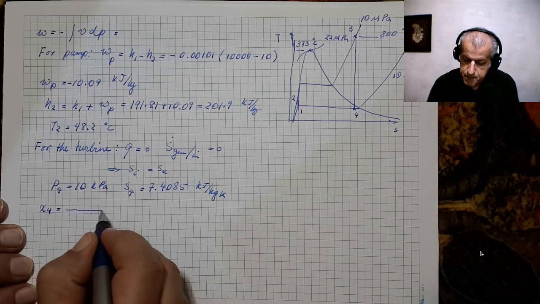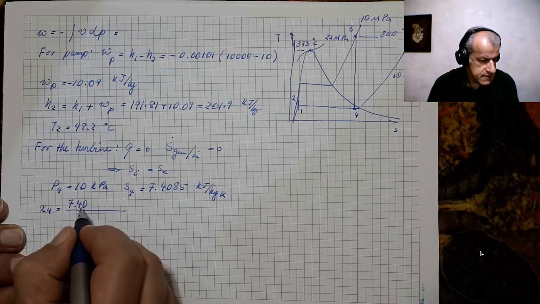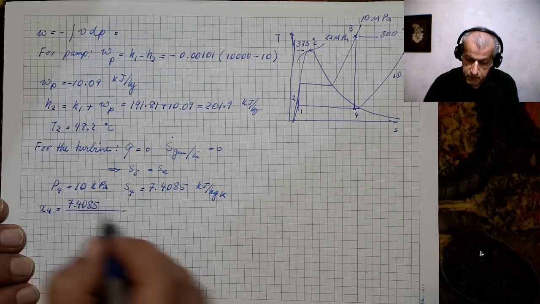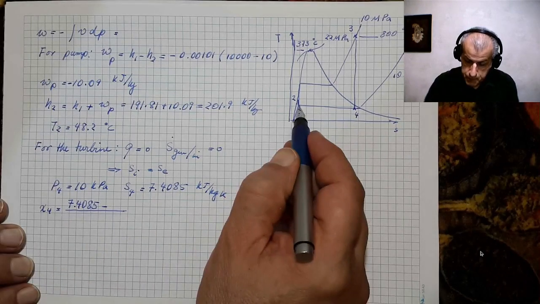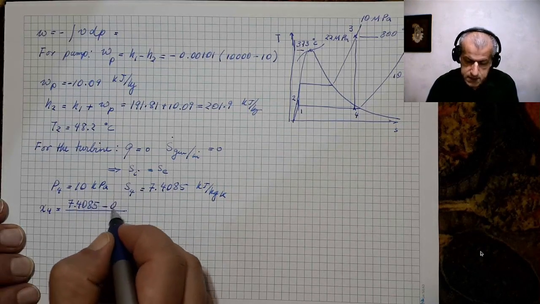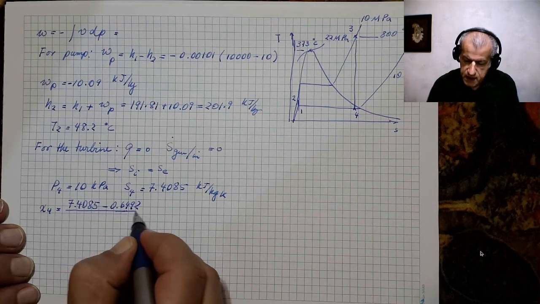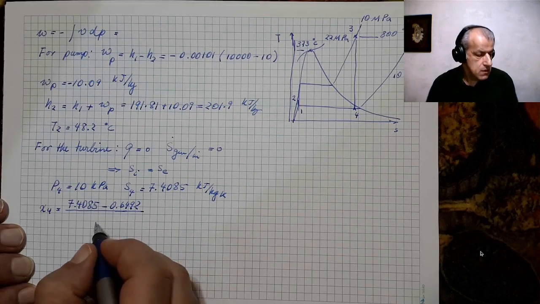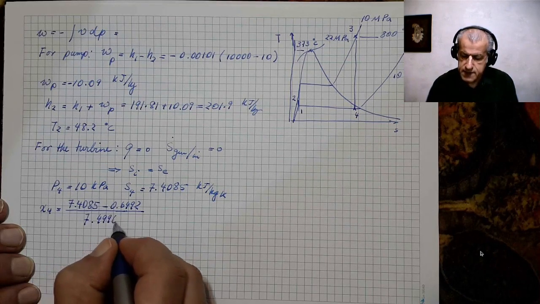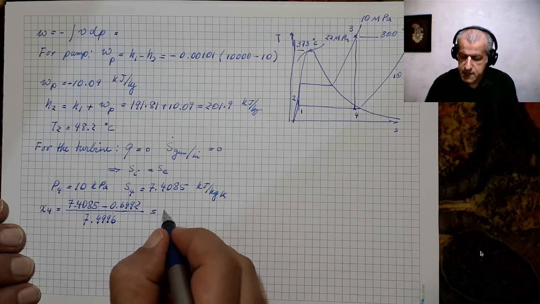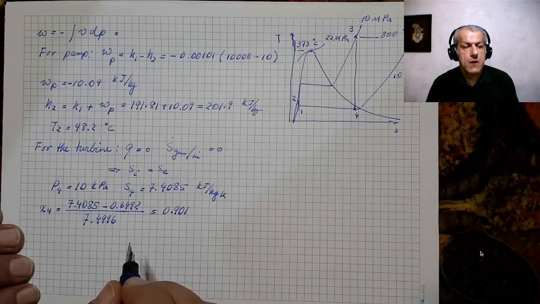X4 is 7.4085, which is the entropy for point 4, minus S1, which is 0.6492, and divided by SFG, which is 7.4996, and the outcome would give us X to be 0.901.